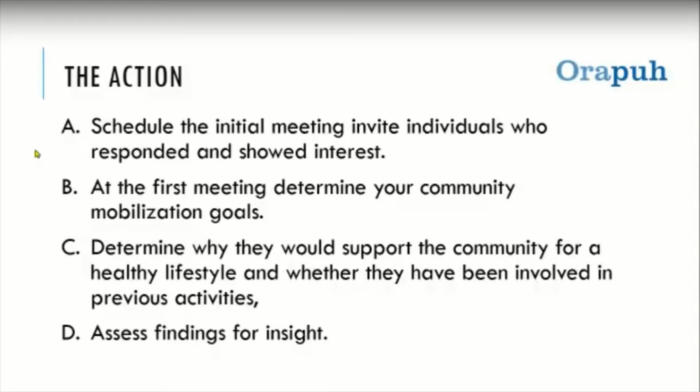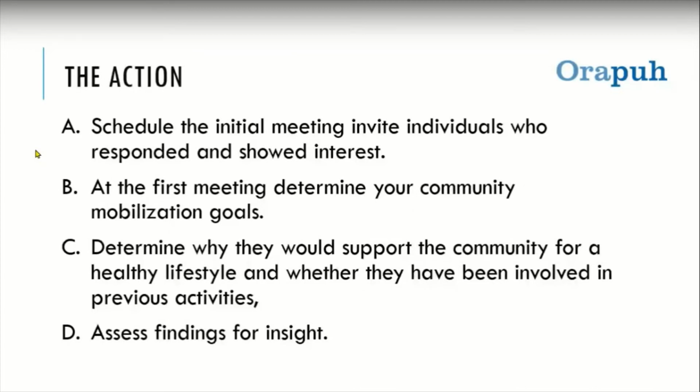Number one, you have to schedule the initial meeting, invite individuals who responded and showed interest in your mobilization, because you cannot work with people that don't have interest in what you do. You have to involve people that have interest in that aspect. And then number two, that is B, at the first meeting, determine your community mobilization goal.